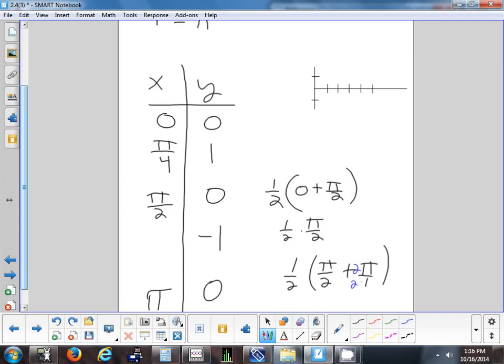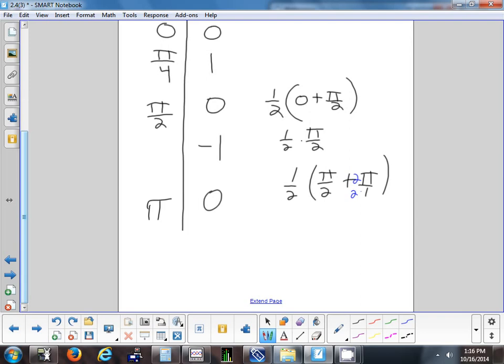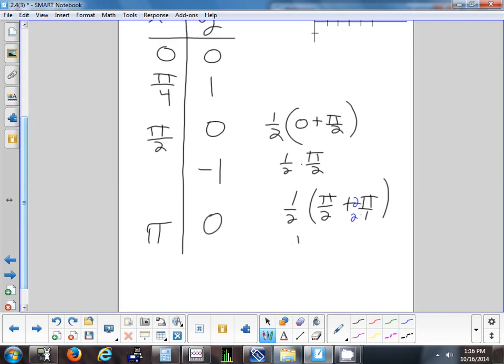So we're going to double the bottom, double the top. What's pi over 2 plus 2 pi over 2? 3 pi over 2. And remember to do an average, you need to take half of it. What's half of 3 pi over 2? 3 pi over 4.